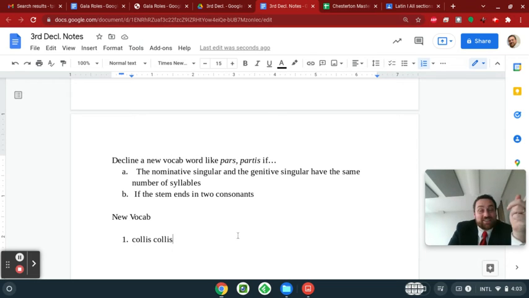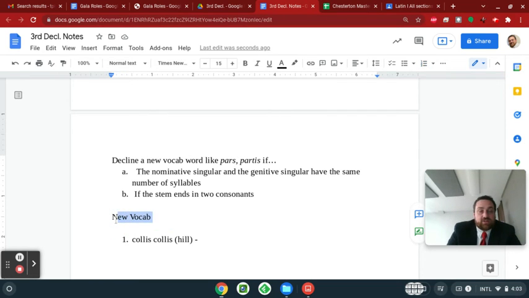There's no rule that says it has to be different, right? So colis is hill. I'd like you to write this into your notebook as well, the new vocab.